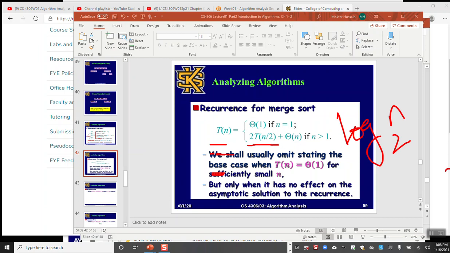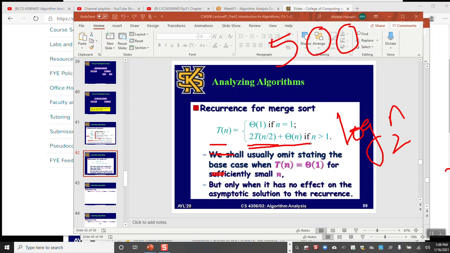If the array has only one element 5, there is nothing to sort. If the element is 50, there is nothing to sort. If the element is 500, nothing to sort, and every time it will take constant time. Then the dominating part will be this part.